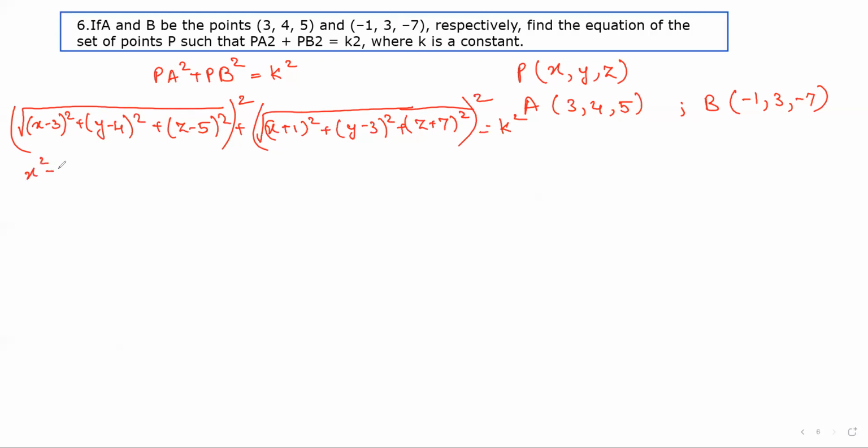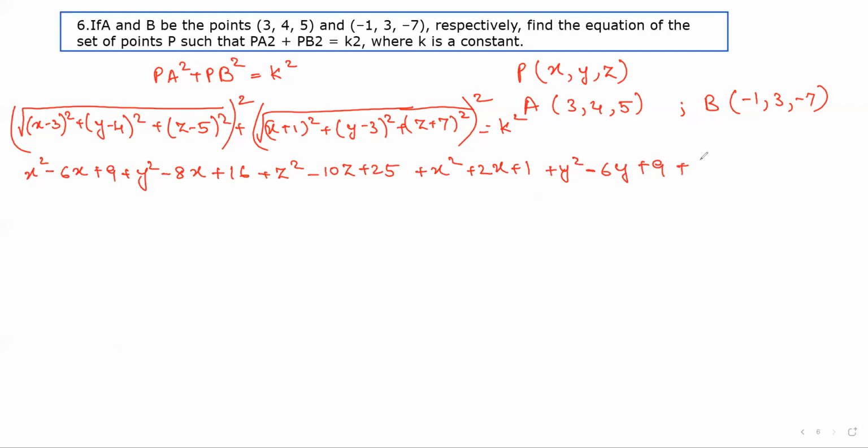So it is x square minus 6x plus 9 plus y square minus 8y plus 16 plus z square minus 10z plus 25 plus x square plus 2x plus 1 plus y square minus 6y plus 9 plus z square plus 14z plus 49 is equal to k square.